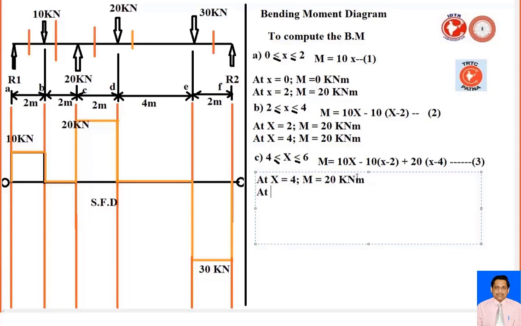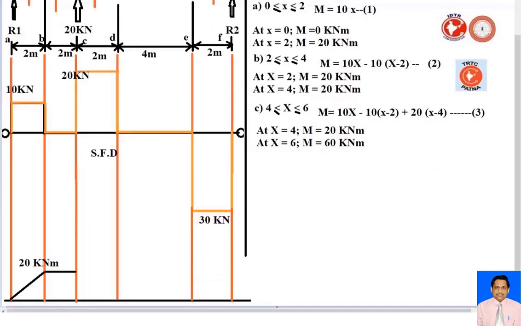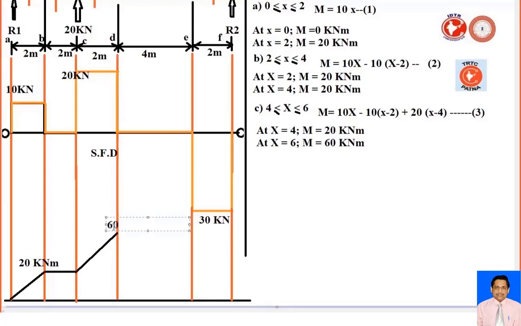And at x equal to 6, what is your moment? 60 minus 40 plus 40, so minus 40 and plus 40, here is 60 kilonewton meter. Now draw the line from point C to D, from 20 to 60, so here is 60 kilonewton meter.